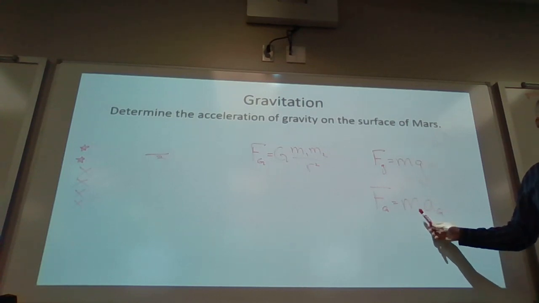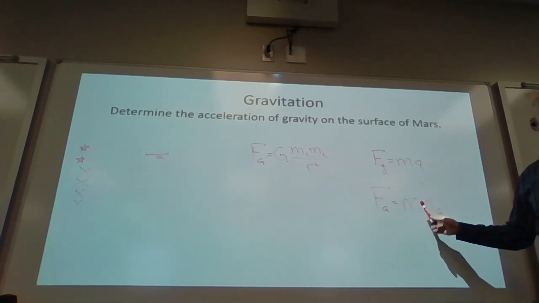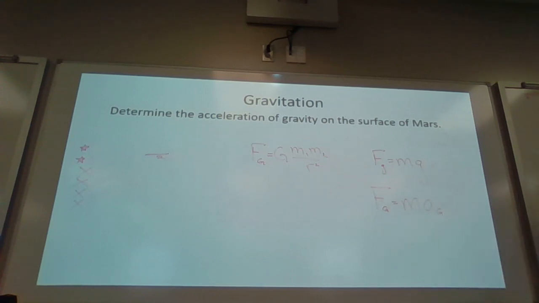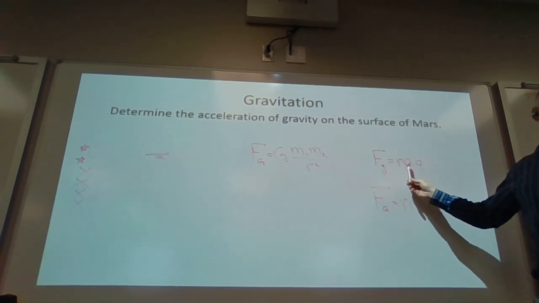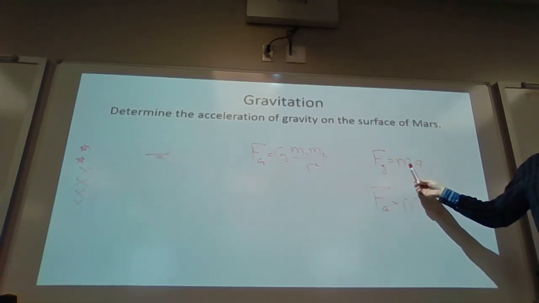What mass do you think this is, though? Is this the mass of the planet, or is this the mass of the object that we're dropping? When you use this equation, was this the mass of the Earth, or was it the mass of like the apple or the ball or the skydiver?